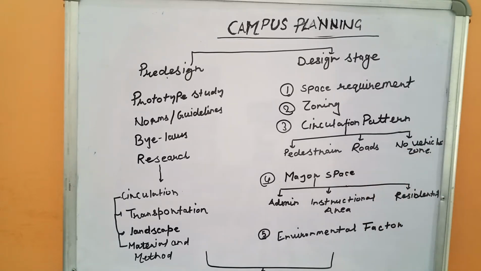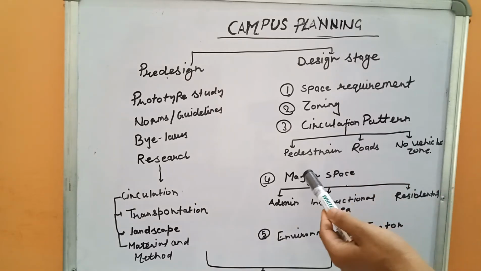In campus planning and in any large scale planning, only circulation matters, because the circulation decides the shape and built spaces of the design. How circulation is going, your building blocks will come in that orientation.